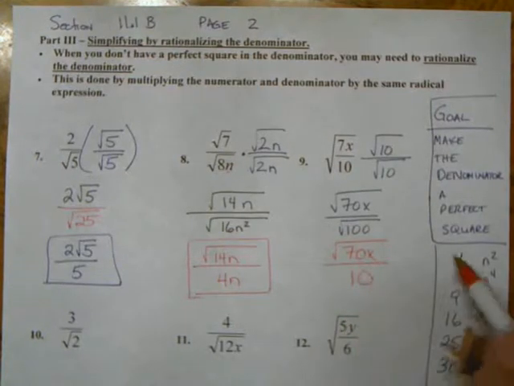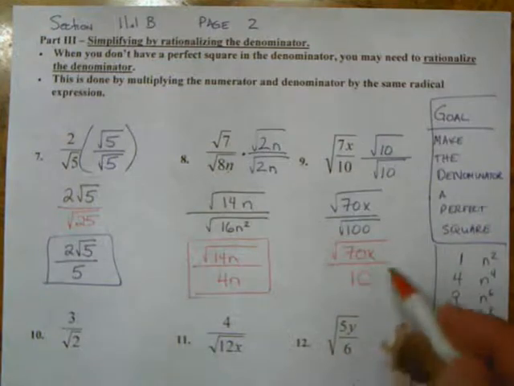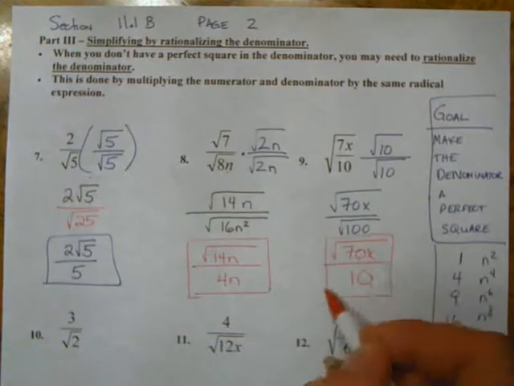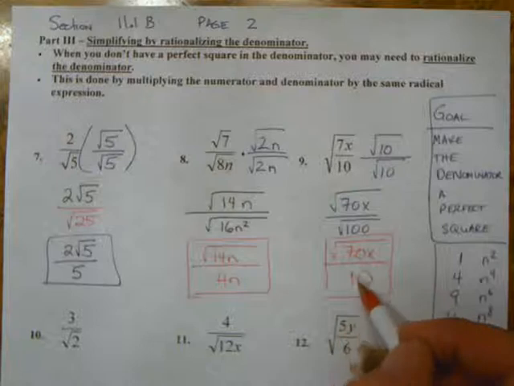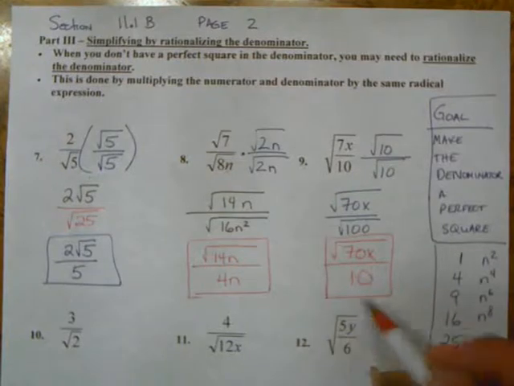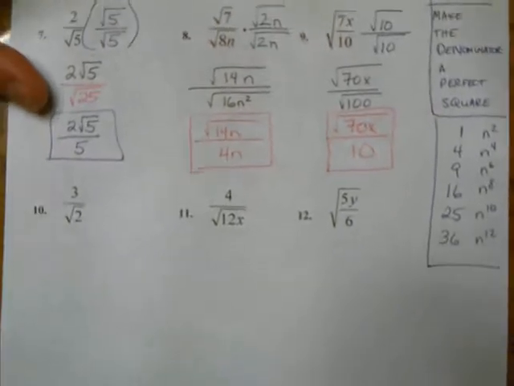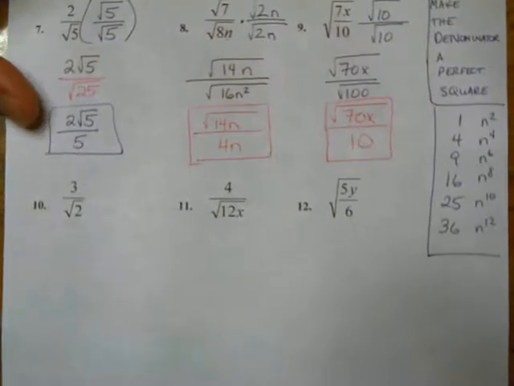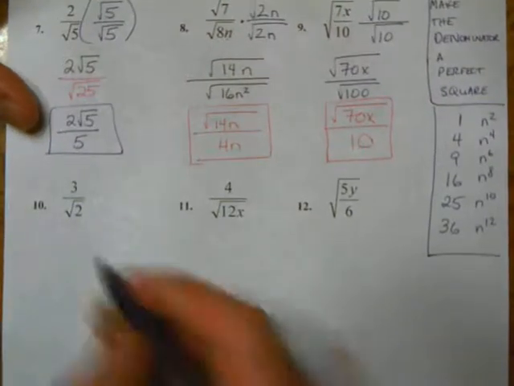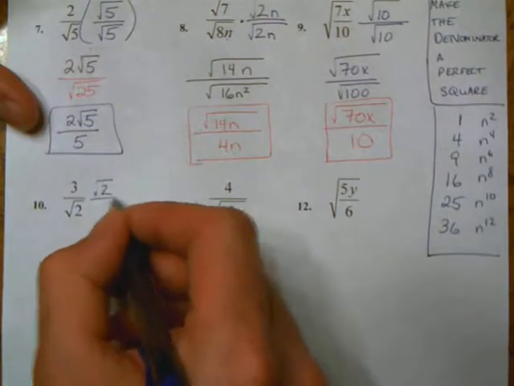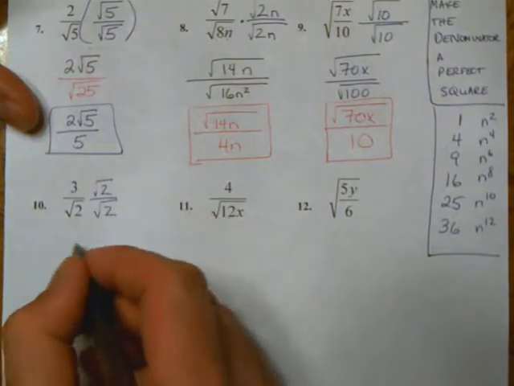It sure does, but the numerator doesn't break down any further, because 70 is just 7 times 10, and that's not a perfect square. So the numerator stays the same, but the denominator becomes 10. Now remember, the 70 and the 10 don't cancel because one's in the numerator and one's in the denominator, and one's inside the radical and one's outside the radical, more specifically.